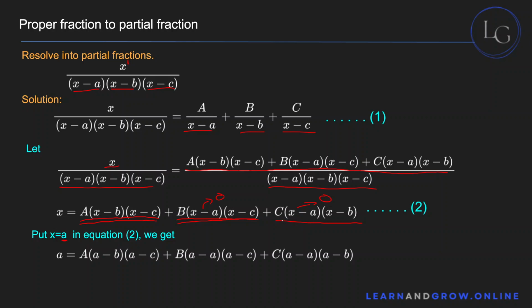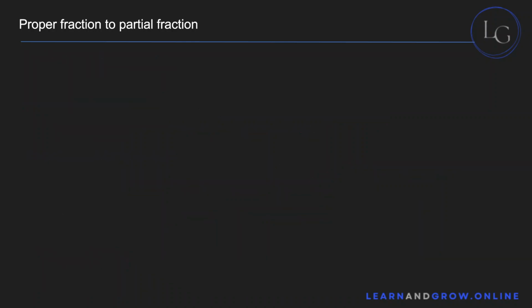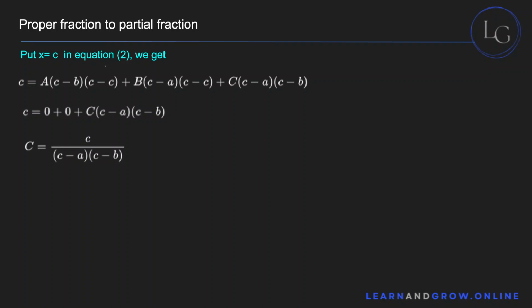So we're just left with this term equal to whatever value we have for x, and that is c. So c is equal to C into lowercase c minus a into lowercase c minus b. So uppercase C is equal to lowercase c divided by lowercase c minus a into lowercase c minus b.